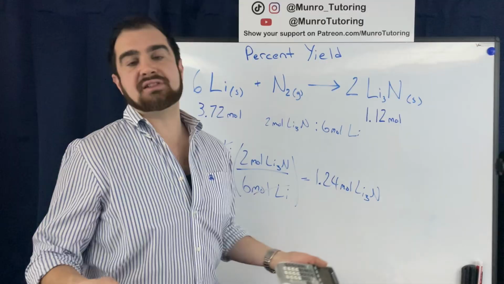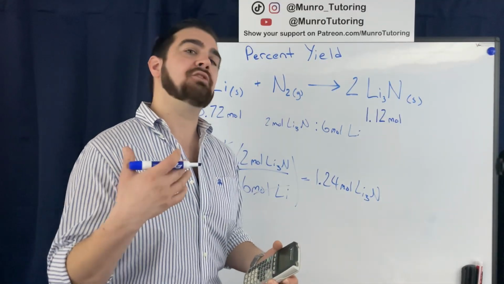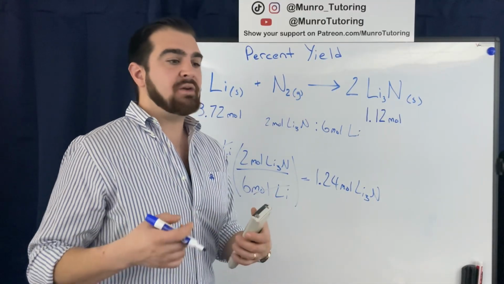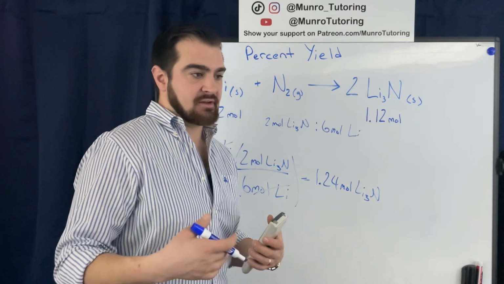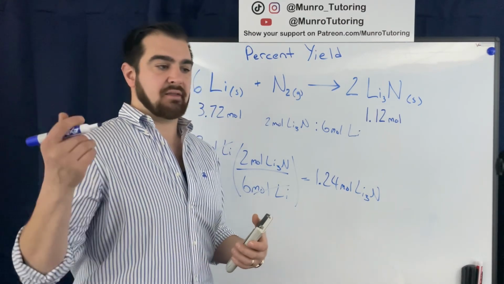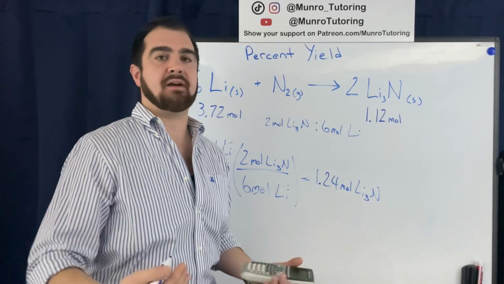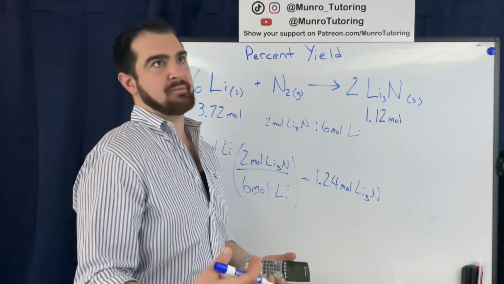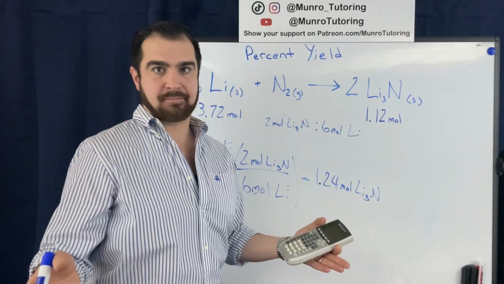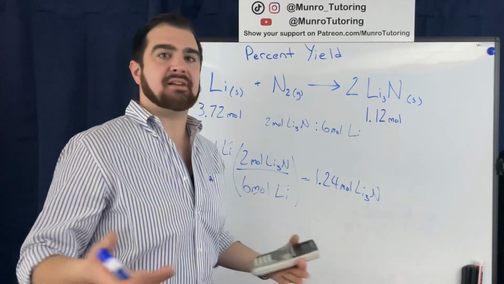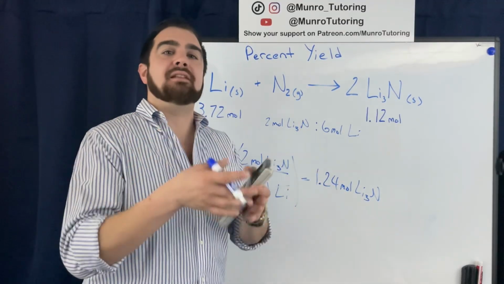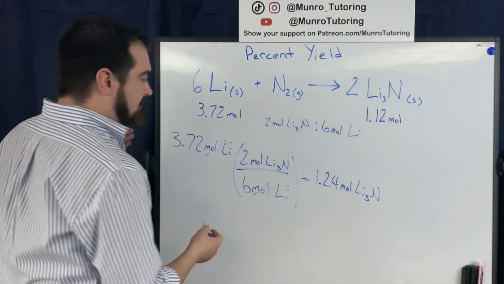If you can logic your way through it, the percent yield is going to be the actual that we got over the theoretical amount that we should have gotten, right? Because the theoretical amount is the full amount, and the actual is a portion of that. We got less than the full amount.